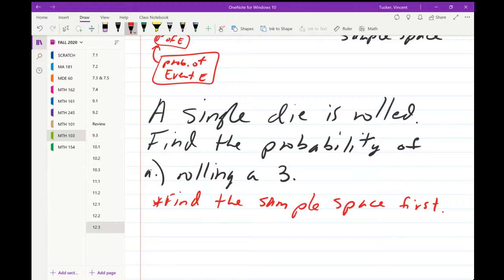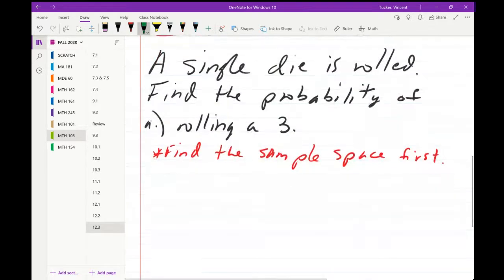An experiment is this, rolling a single die, an occurrence in which the outcome is uncertain. Your sample space is the total number of outcomes that can occur from your experiment. It's always easier to find the sample space first and establish all of the possible outcomes.